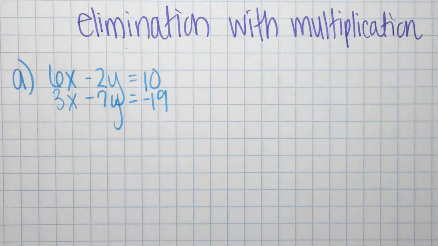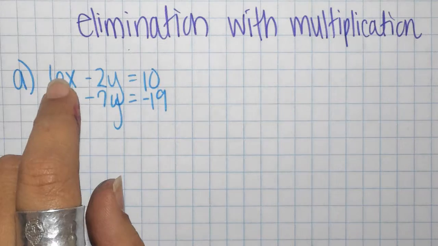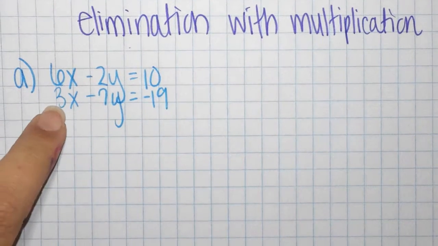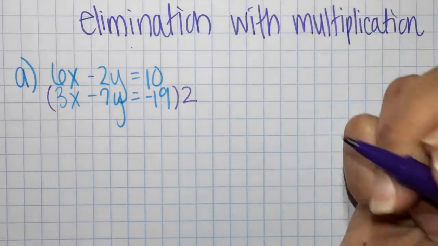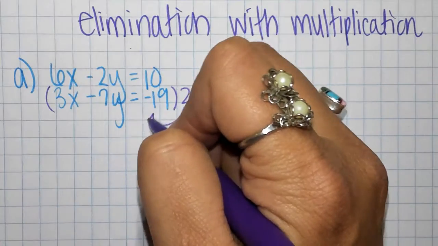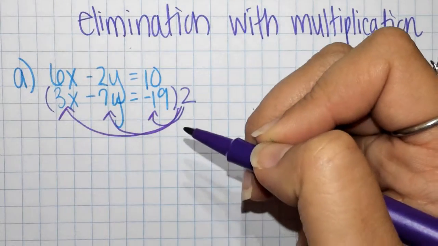You can't multiply anything by 6 to get 3. Well, you can, but we're not going to use a fraction. So we're trying to turn 3 into 6, so you multiply the bottom one. Am I going to multiply everything or one thing? Everything.